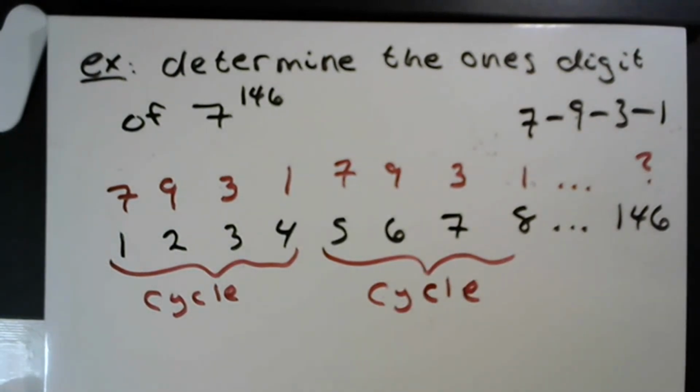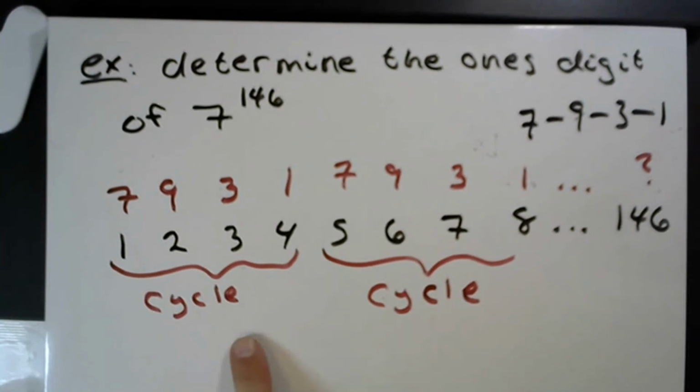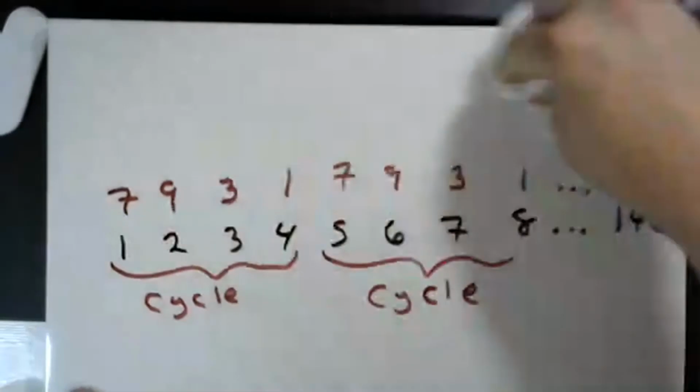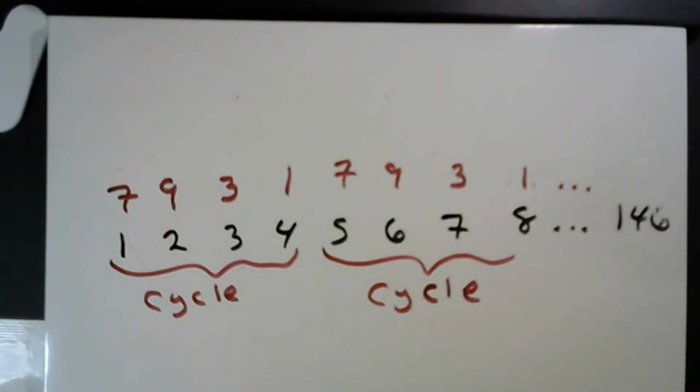And if we did 1 through 12, we would have 3 cycles. So here's the idea. Every 4, we get a cycle. So let's answer a question.